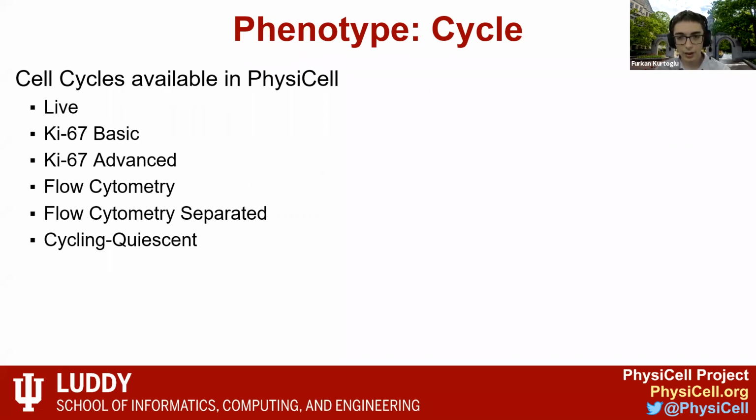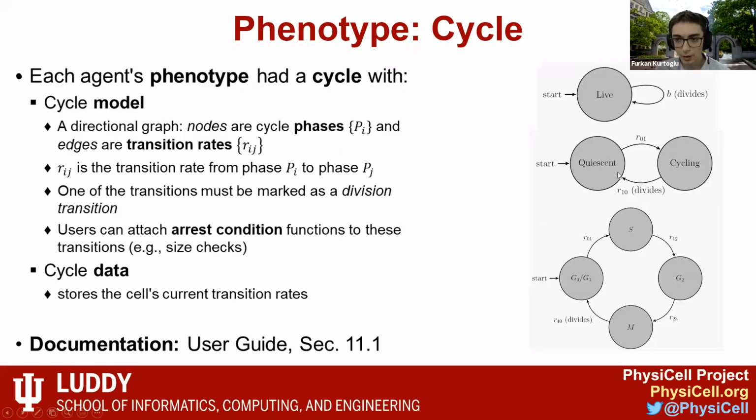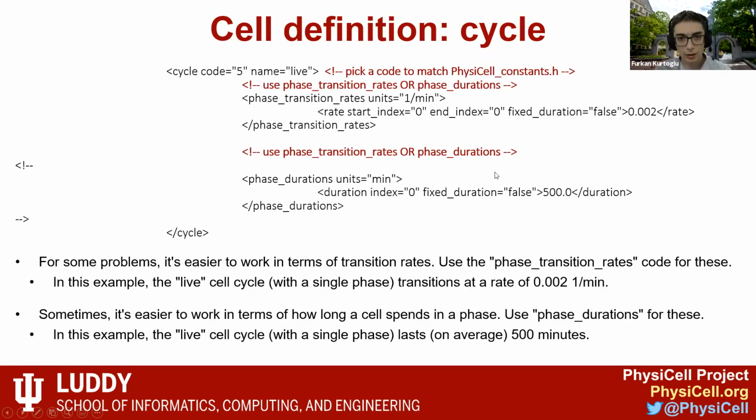Those define how many phases there are and how many phase links there are, and which phase link is used for the division. So each cycle model should have a dividing phase link, therefore cells can divide.